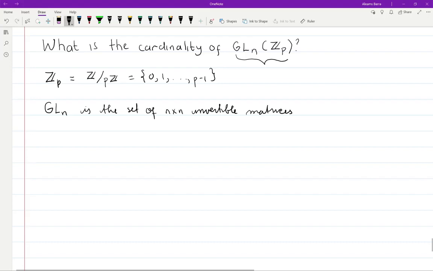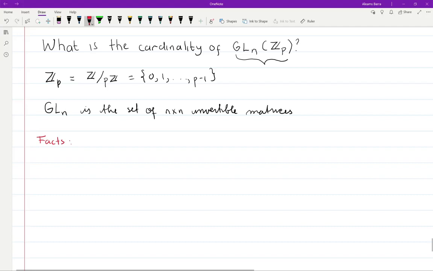Okay, so now we want to count the cardinality of this GLN, right? So remember, we have the following fact. Well, it is a fact if you know it already, but if you don't know yet, you perhaps would like to prove it.